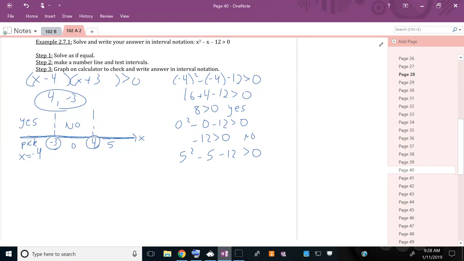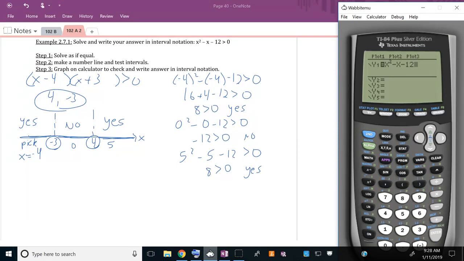And I get 25 minus 5 is 20, minus 12 is 8, and yes, 8 is greater than 0. You can use your calculator to help you with that number crunching. So needless to say, it's the yes intervals that we want.